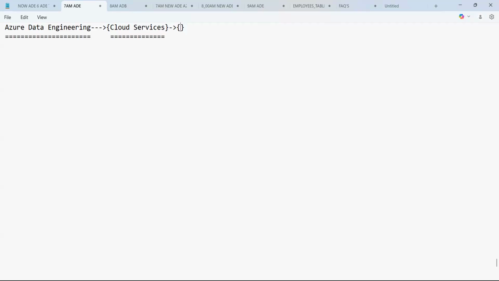The first one is called data migration. Then we have the data integration. Then we have the data summarization. And then we have the data visualization as well.